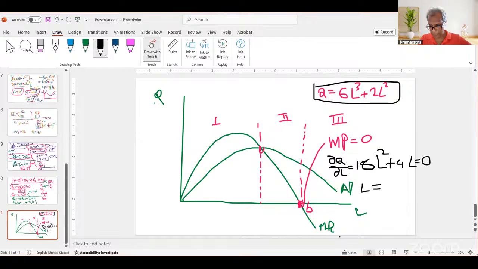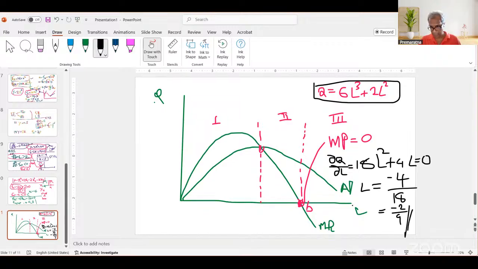What we get is even a negative value: 4 divided by 18, which means minus 2 divided by 9. The negative can't be, because I just gave a number. With this point you can identify the number of tables. I'll give another example after that.